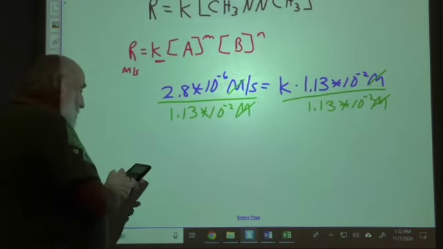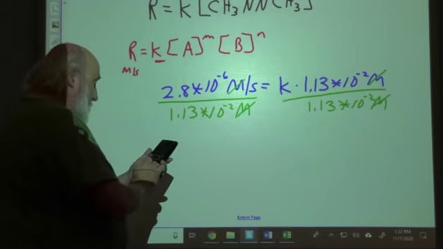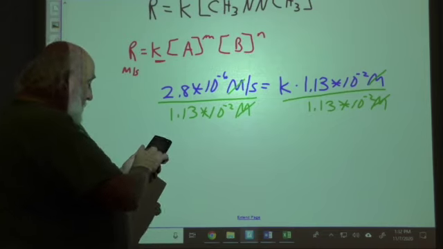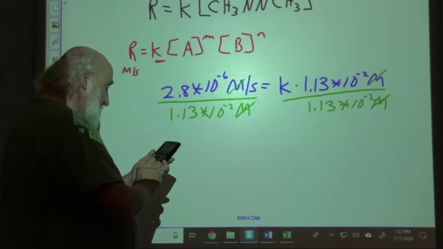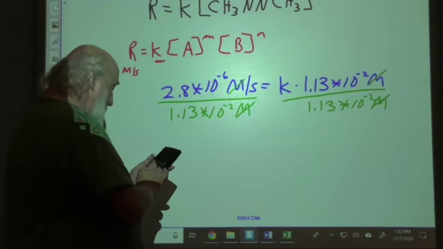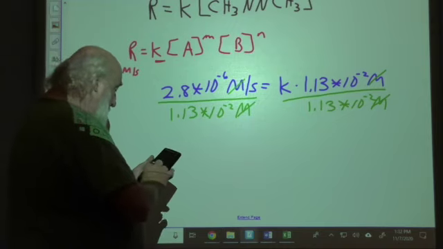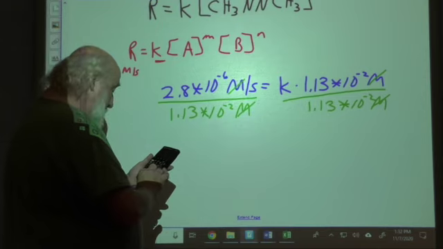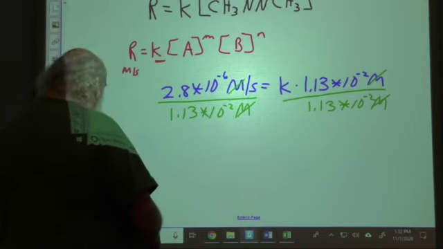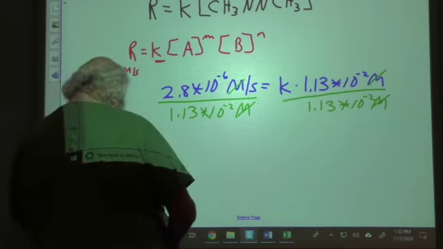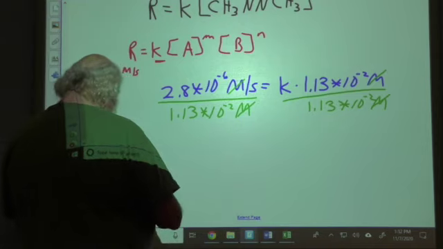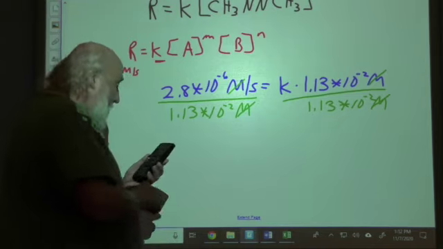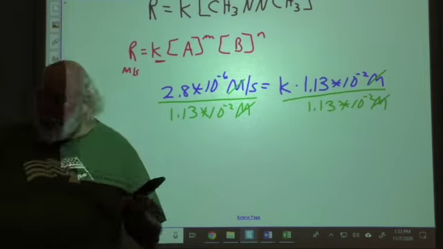So on our calculators, we're going to take 2.8 E negative 6 divided by 1.13 E negative 2, and that gives us, let me try again. My calculator is being goofy here. Let me try another calculator.